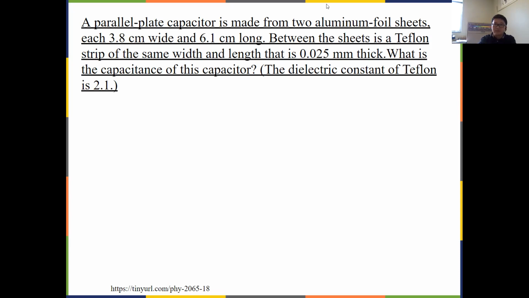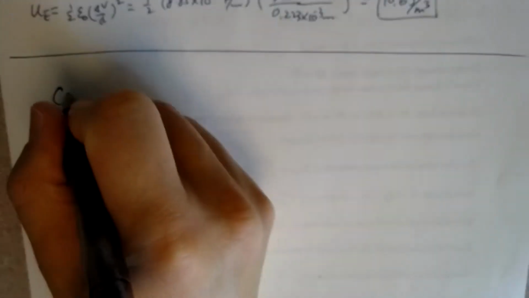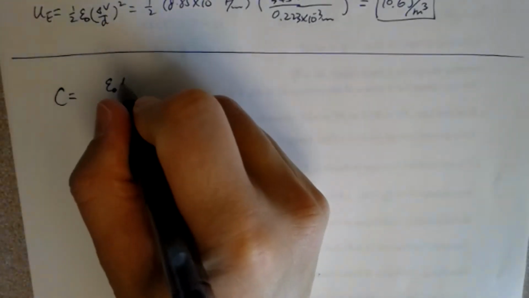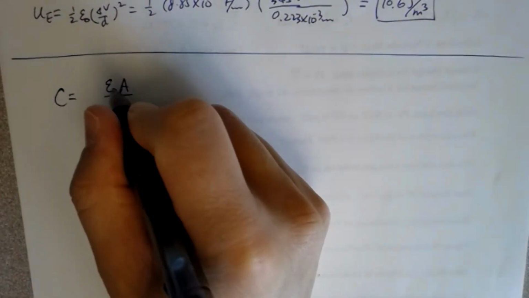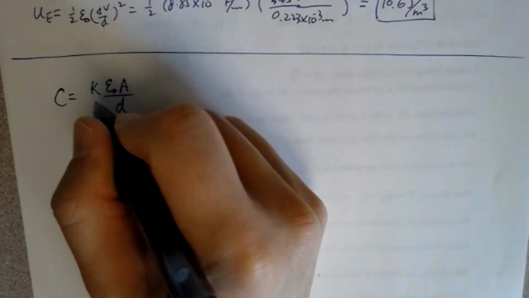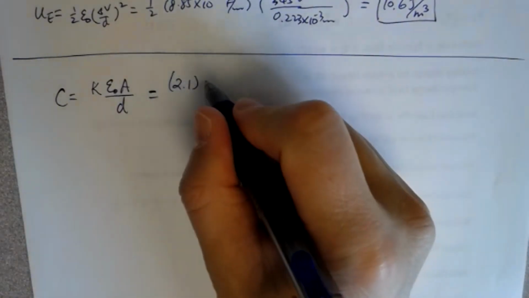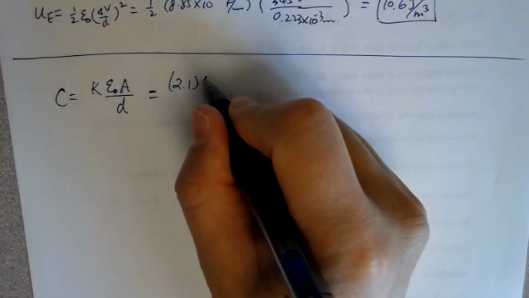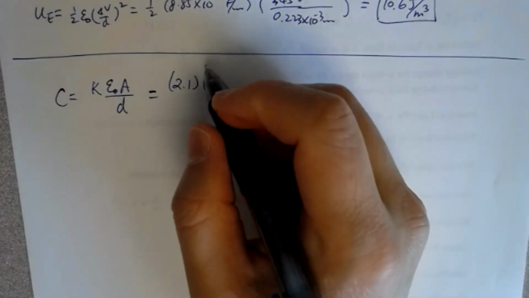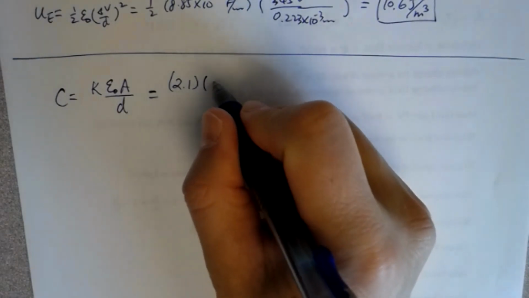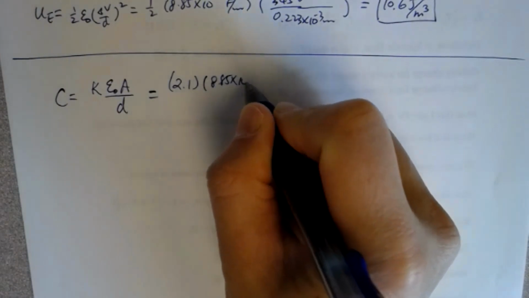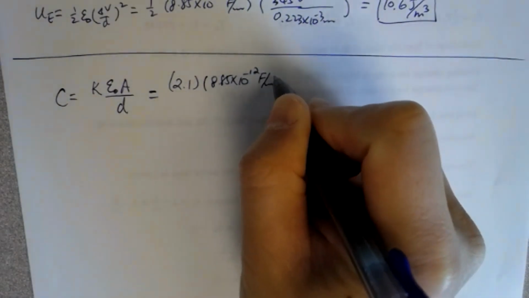Okay, so for a parallel plate capacitor, the capacitance without the dielectric is that guy, right? But with a dielectric, you multiply by kappa. Okay, so 2.1 is kappa, the ratio of the permittivity of the material to vacuum, so no units, and 8.85 times 10 to the minus 12 farad per meter.